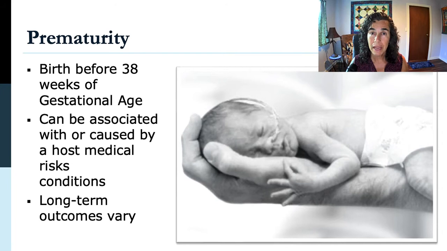And gestational age simply means how long has the baby been inside the womb. It can be associated with or caused by a wide range of medical conditions, and the long-term outcomes vary not only by what condition might have caused it, but also very greatly by how premature a baby has been born.